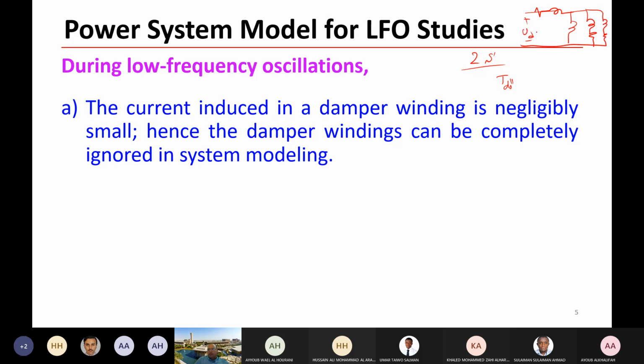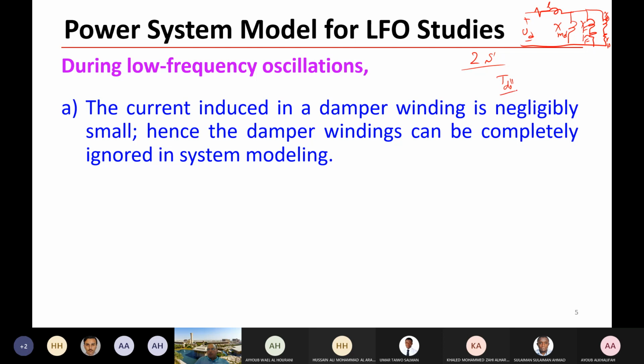this is VD, and you have here RA, leakage of the armature, and reactance or mutual inductance here, XF and RF, and XD capital and RD capital, damper winding here.